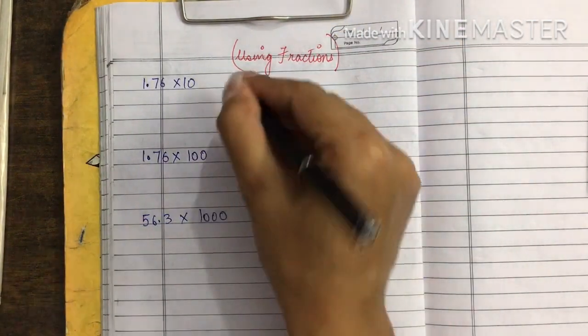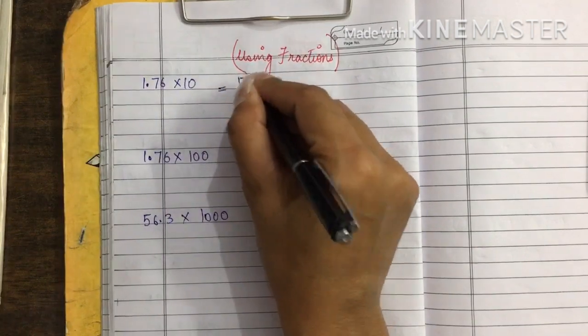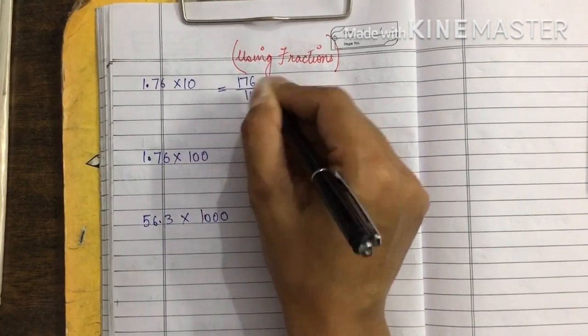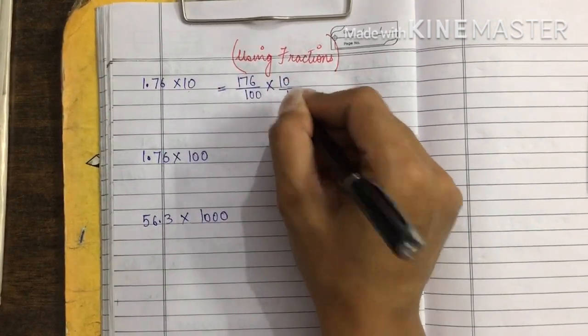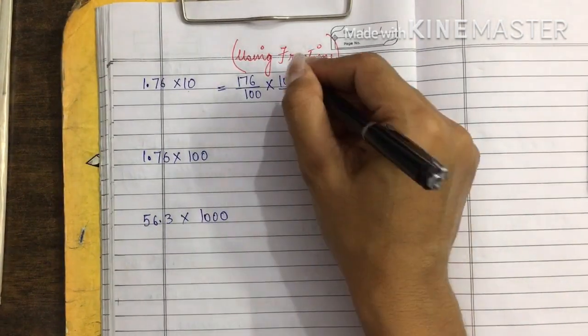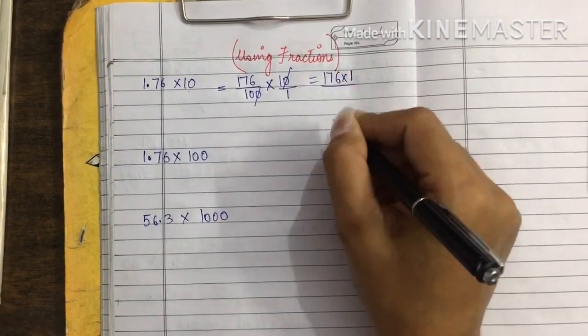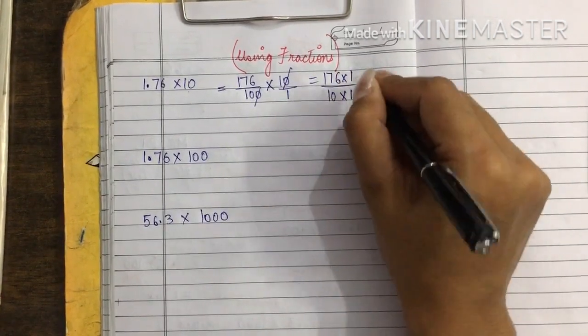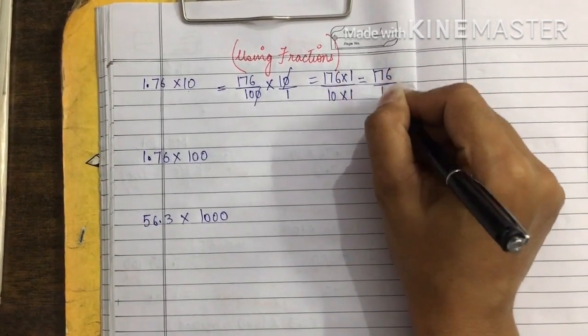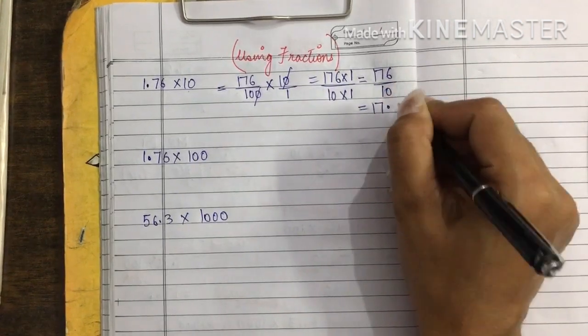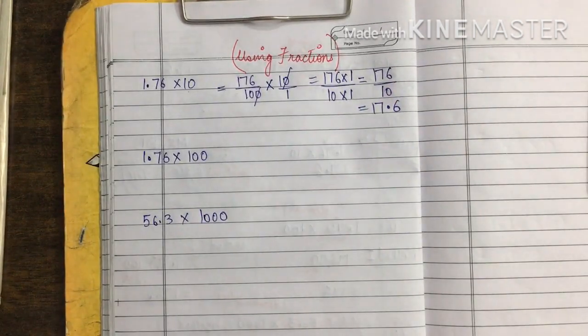So how would I do it? This can be written as 176 over 10. This can be written as 10 over 1. The 1 0 gets cancelled. 176 into 1 in the numerator, 1 into 1 in the denominator. So this comes out to be 17.6.